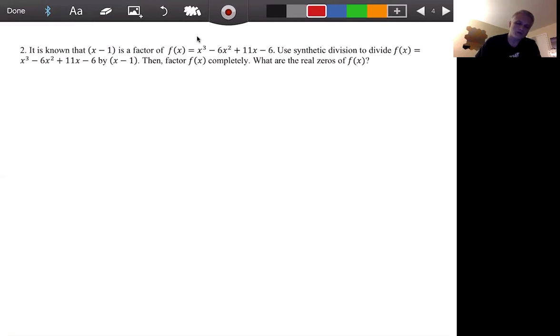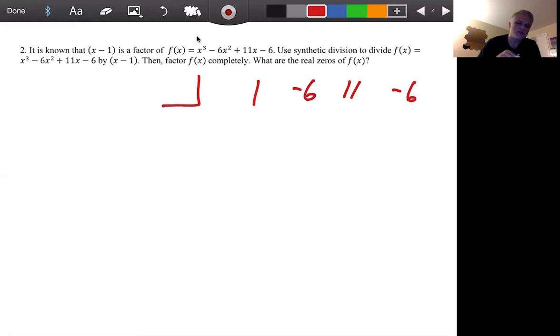All right, so do we have any gaps here? It's 1x cubed minus 6x squared plus 11x to the first minus 6. So x to the third, second, first, and 0. No gaps. Cool. Don't have to worry about that.